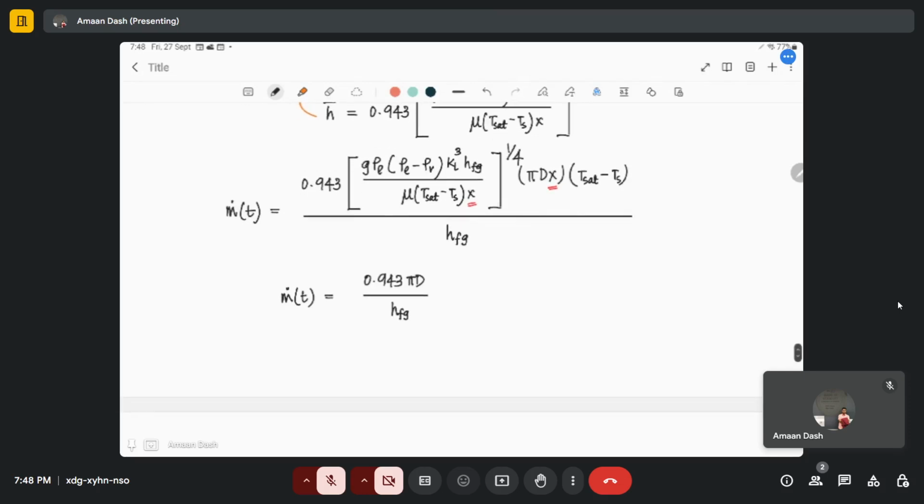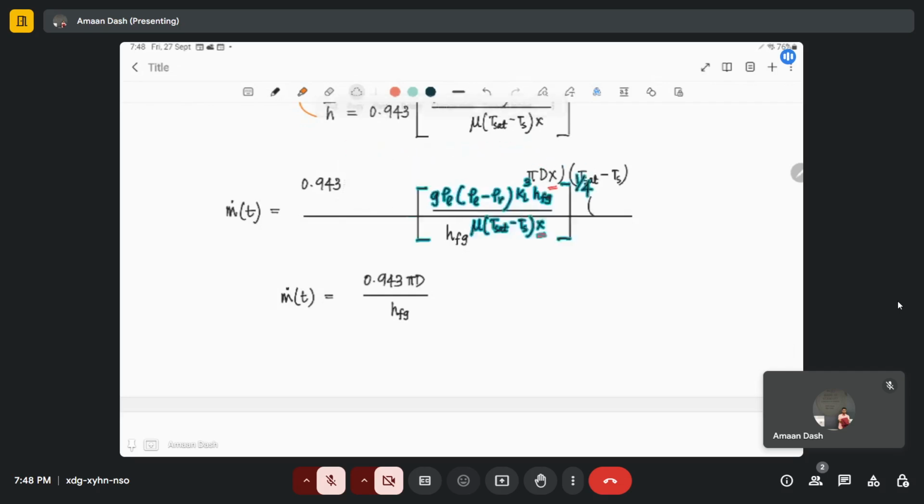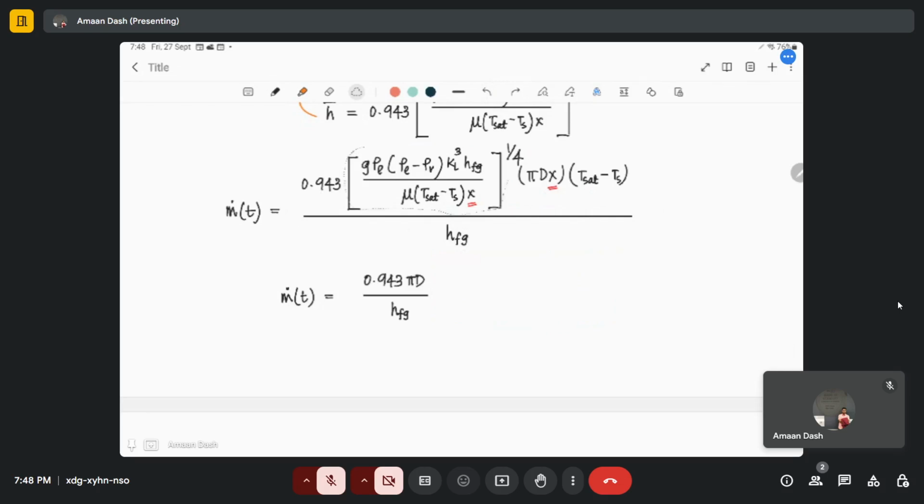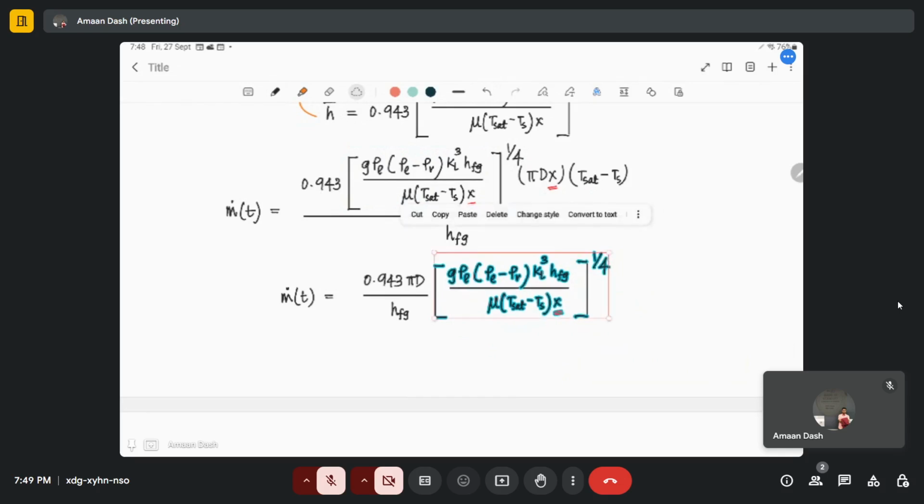So let me copy this particular expression so it will be easier. The only thing is, this will turn out to be cube because this will go in, and this x we will be removing from here. We will be taking that out.